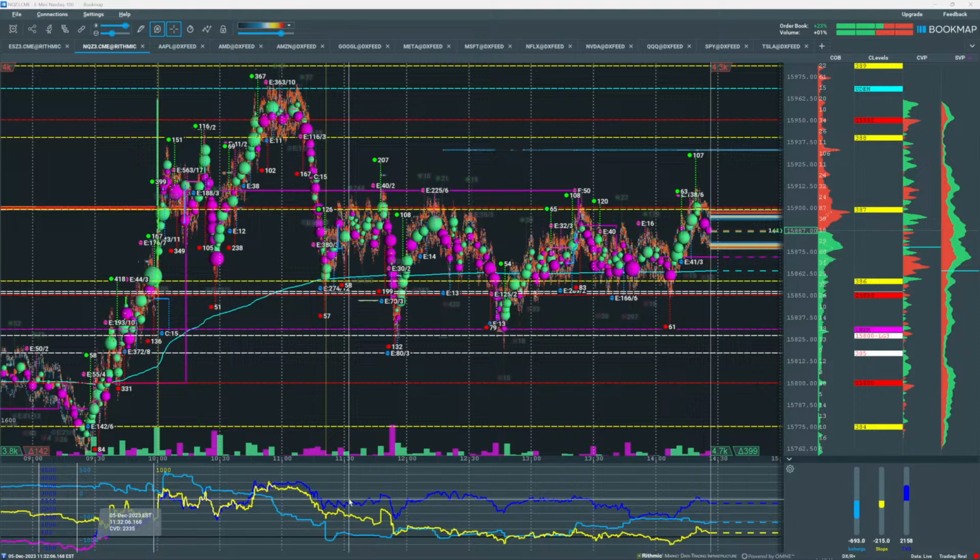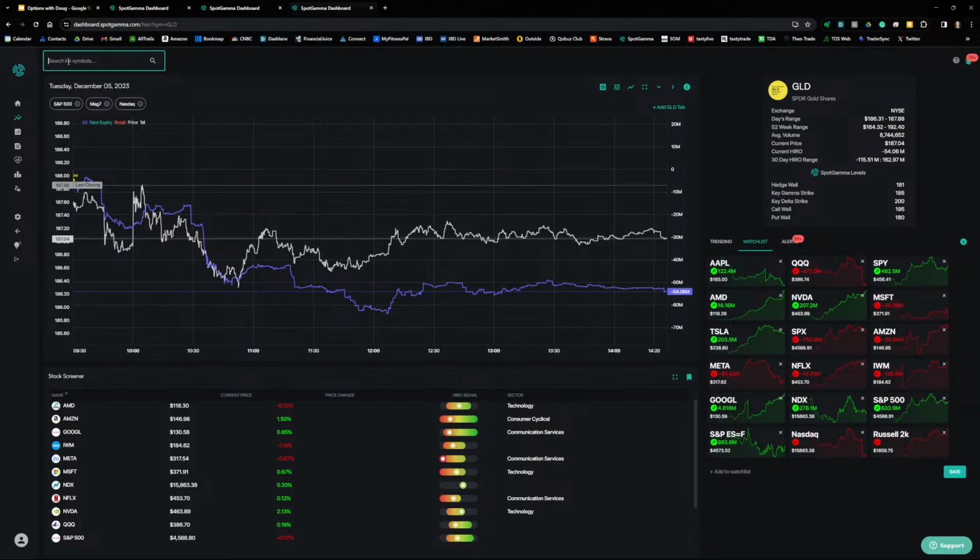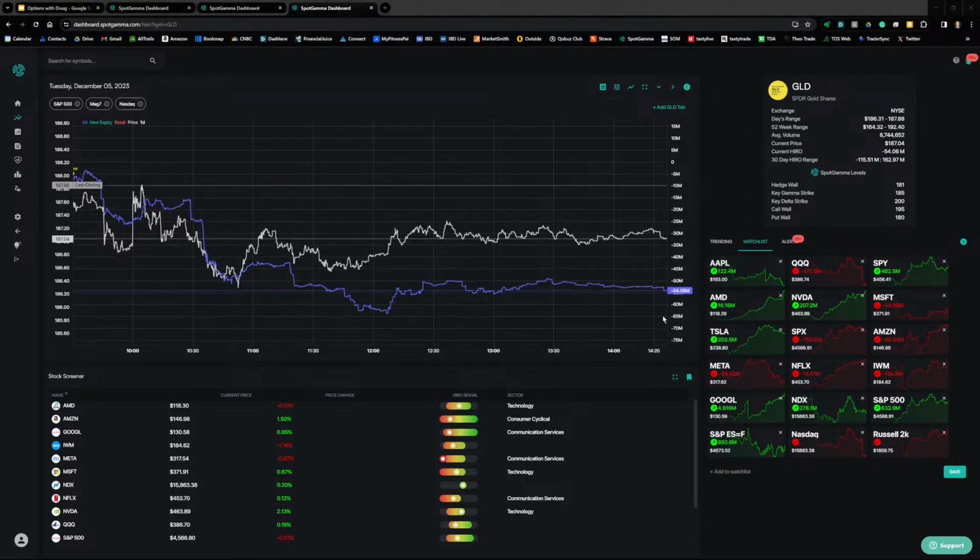All right, Diego wants to take a look at gold. All right, I don't have GLD in Bookmap, but we can take a look in Hero here. So net for the day, traders are taking negative delta positions in GLD, shown by the negative notional value there.